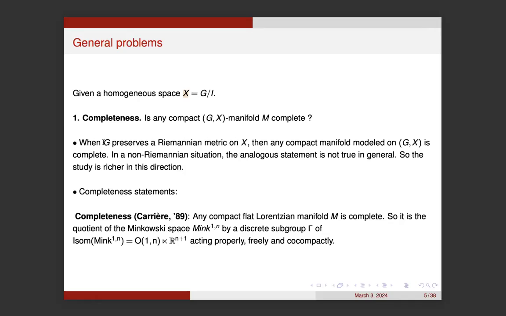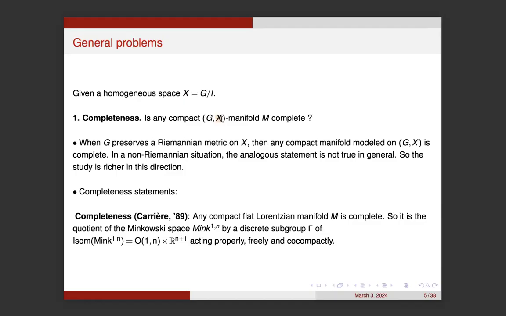Just to give an idea of this completeness question: when the group G preserves a connection on X, I can speak about geodesics of X. And if I have geodesics of X, I can speak about geodesic completeness.